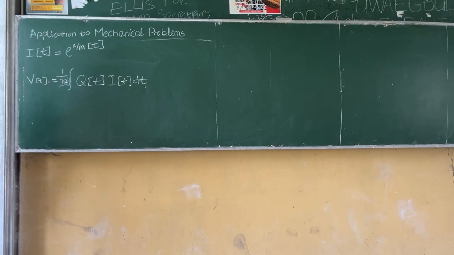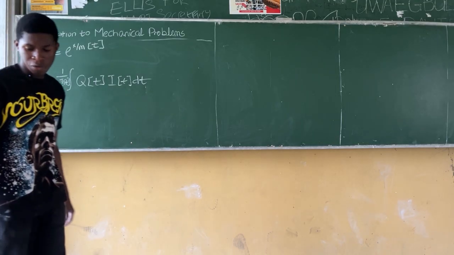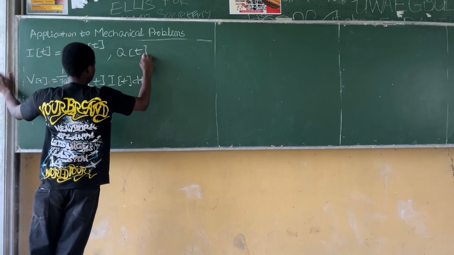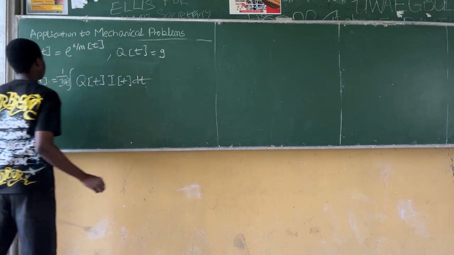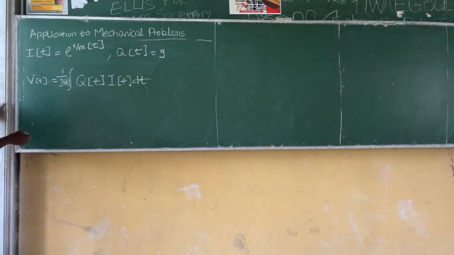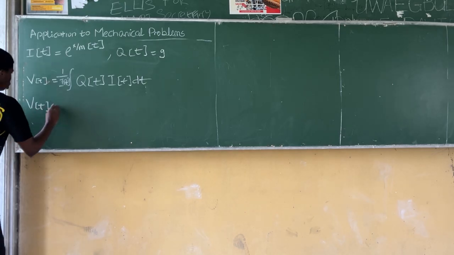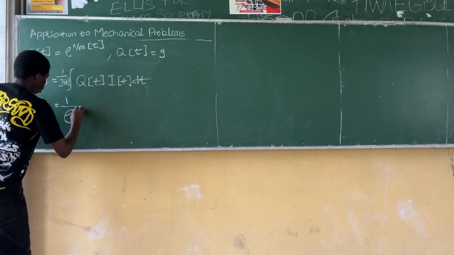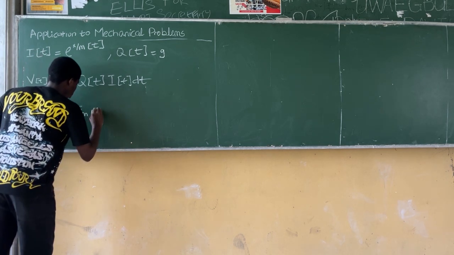So now we'll plug in our values whereby q of t was what? Equal to g. So now we'll then be plugging all the values into the equation. So this v of t is equal to 1 over e raised to k over m t.